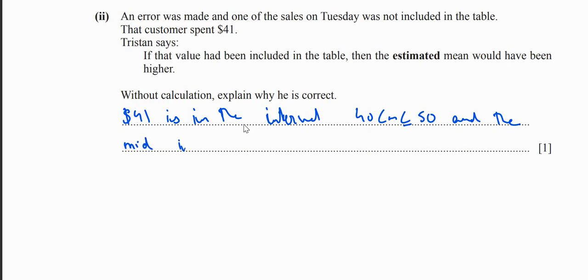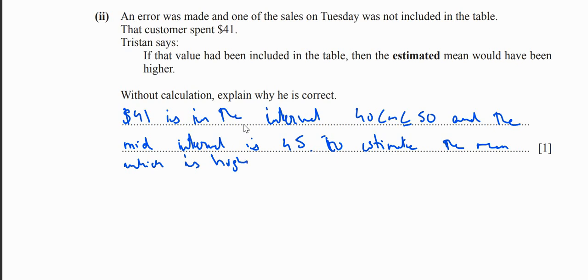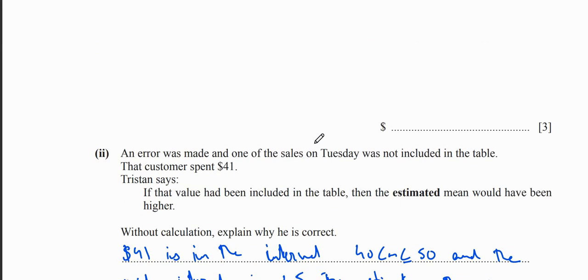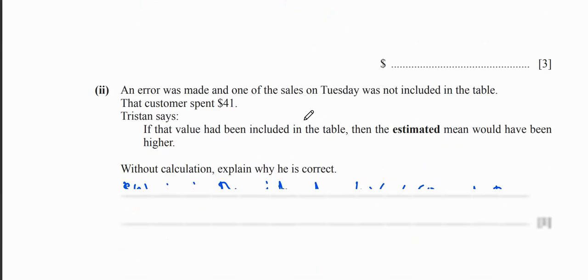The mid interval is 45, to estimate the mean. Which is higher than the calculated estimated mean. This value is higher than the calculated estimated mean, which is 42.8.